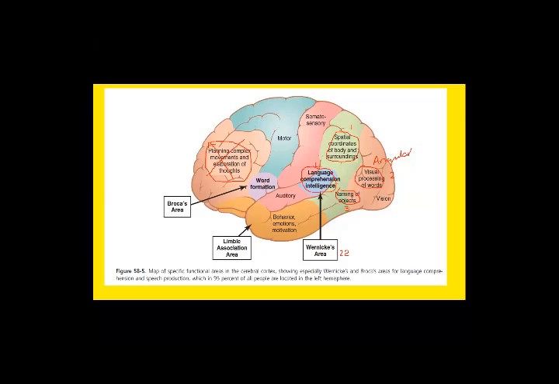Another function of the prefrontal association area is its role in word formation. And this is the function performed by Broca's area. According to Brodmann's classification, Broca's area has been given numbers 44 and 45. Remember, area 44 and area 45 is Broca's area. Area 22 is Wernicke's area.